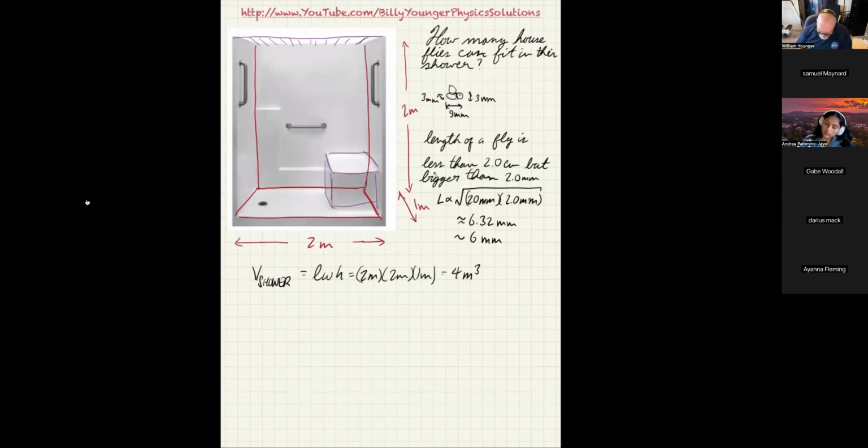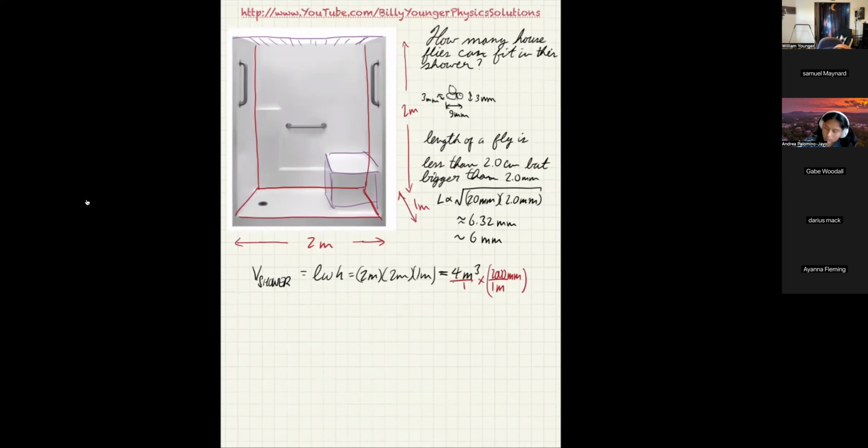Now, ideally, I would like that in millimeters because I have all the fly dimensions in millimeters. So I either need to convert the fly dimensions to meters, or I need to convert the shower dimensions to millimeters. I'm going to choose to put the shower dimensions in millimeters. So what I'll do is I'll write this 4 meters cubed over 1, and I'm going to say that 1 meter is actually equal to 1,000 millimeters.